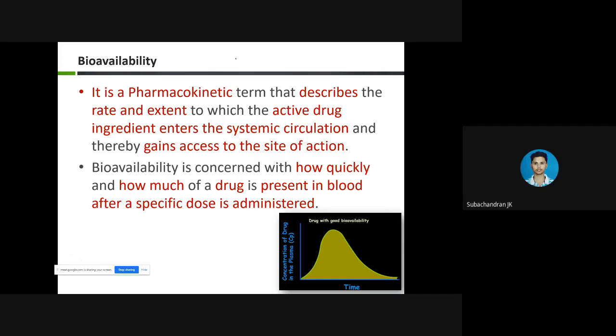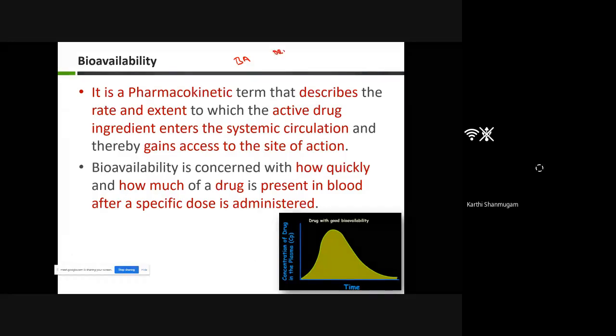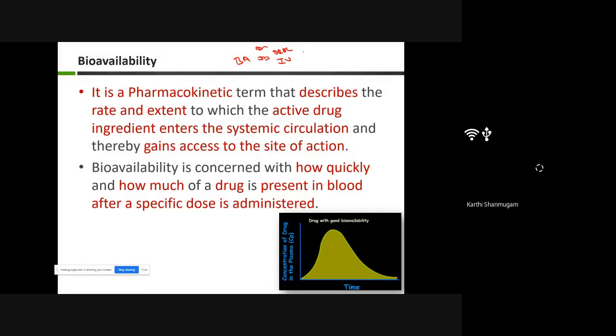How do you say no? See, I hope I'm not confusing you. Take the oral route and the intravenous route. Same drug molecule, aspirin. Same concentration, 50 mg. If we go with oral, how much concentration of the drug molecule can we observe in the circulation? If we go for intravenous injection, how much? What will be the bioavailability for oral, and for intravenous injection? That's all.